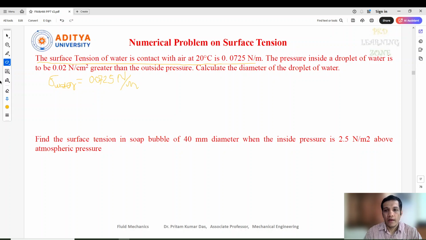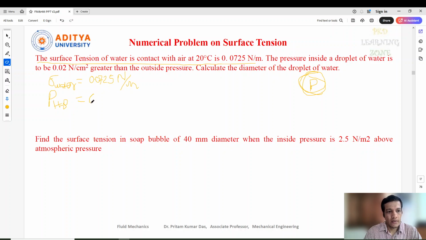And the pressure inside the droplet of water is to be found. Already we have discussed that the droplets will be like this. Inside this droplet some pressure will be there which will be more than the atmospheric pressure.